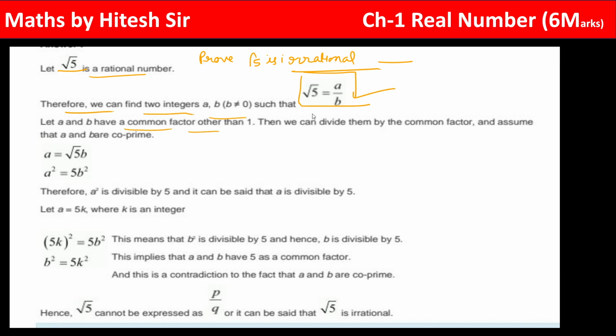If it is a rational number, we can represent it in the form A upon B. When we cross multiply, we get A equals root 5 times B. After that we square both sides, and whatever numbers are there we need to divide. So that is the basic concept for proving a number is irrational. That is very, very important. So just prepare how these are solved; it is a very easy concept for you.